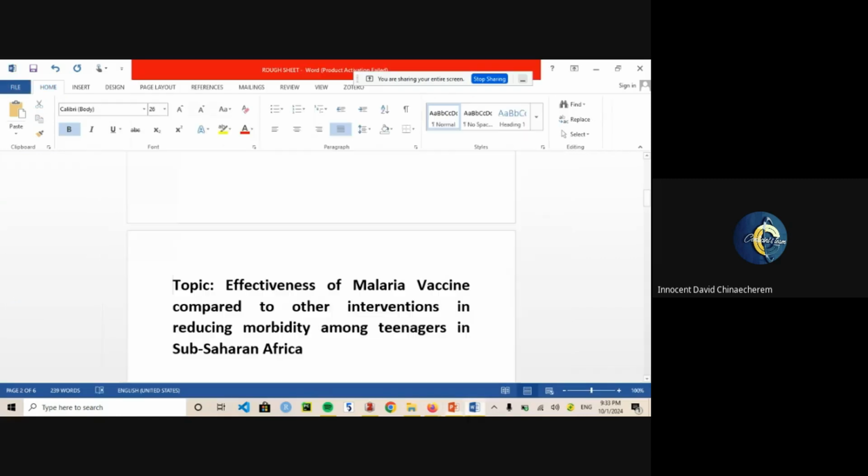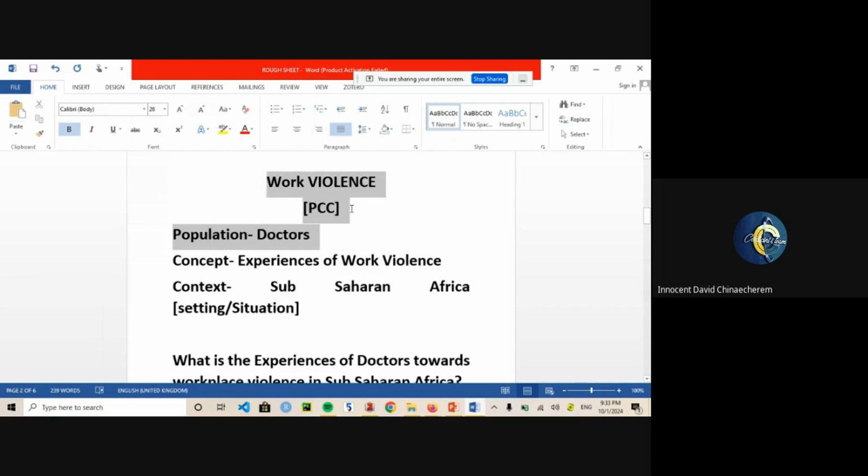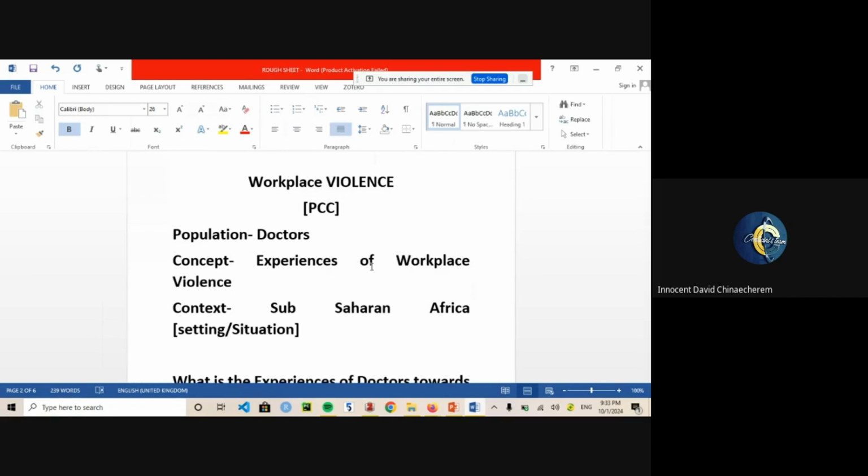So we also showed an example of how we used our PCC framework when we came up with something in mind, workplace violence, right? Let's assume that our population, or the patients, remember this can be a population of patients, so it's doctors or nurses or whatever.